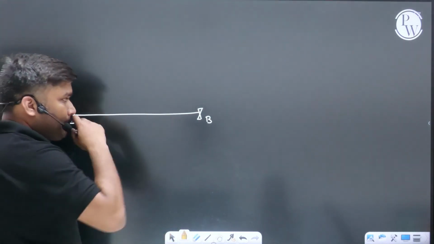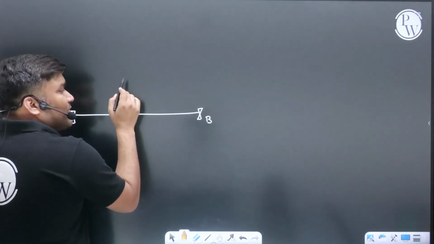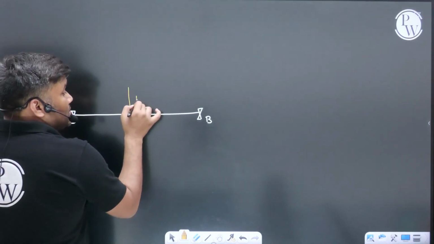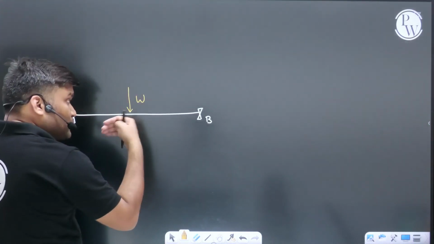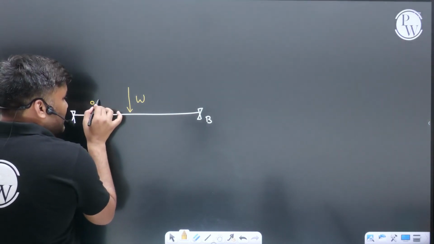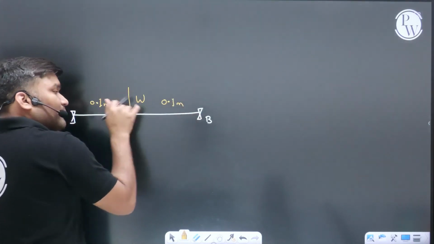Suppose if weight was there, weight consider करना होता तो whatever is total weight W, gravity की वजह से total weight will be there something. This distance 0.1 meter दे रखी है, they have given. This is also 0.1 meter. Sir, it is not rotating.